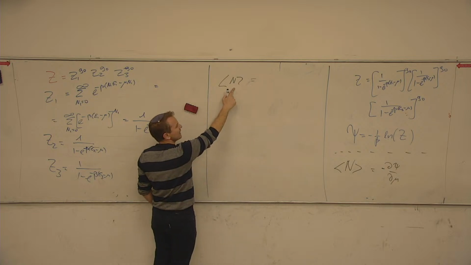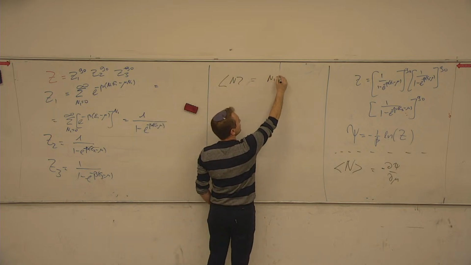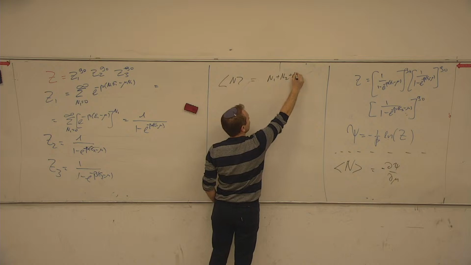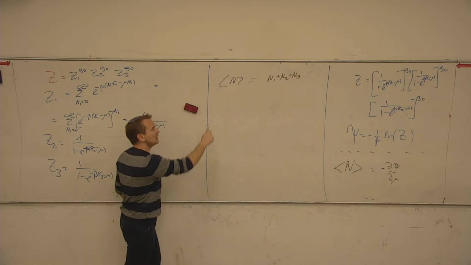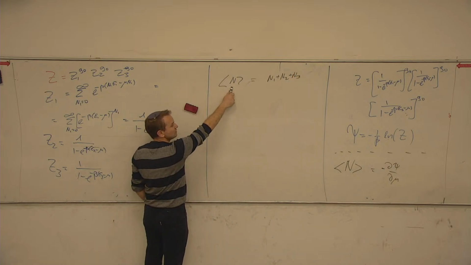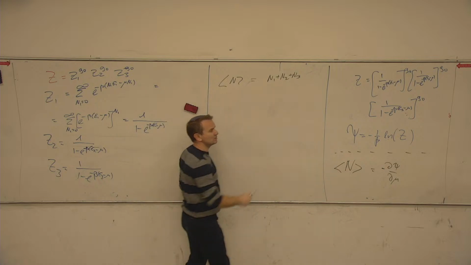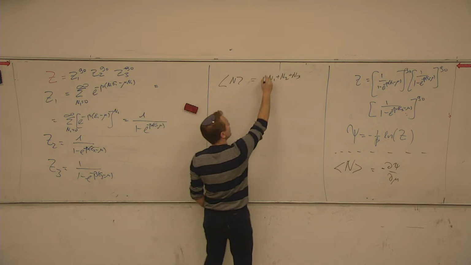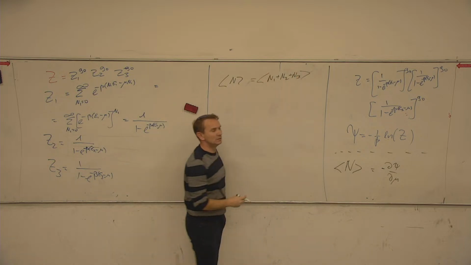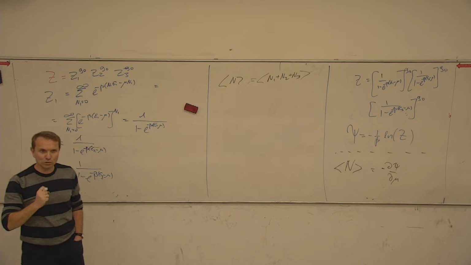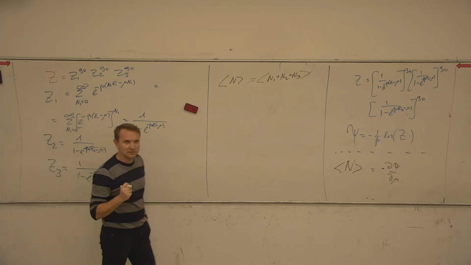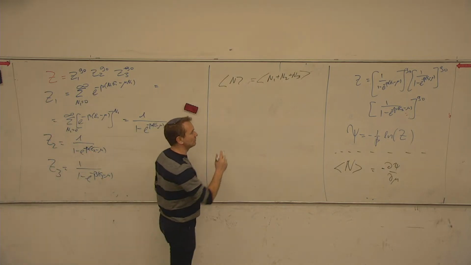I can say, well, what is N? N is n1 plus n2 plus n3. So the total number of particles in the system is the number of particles at level 1, the number at level 2, and the number at level 3. And I have to take an average of this sum. A crucial thing to remember from probability is that the average of a sum is a sum over averages.